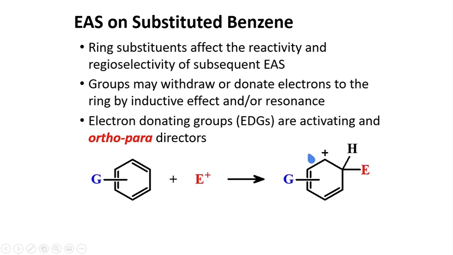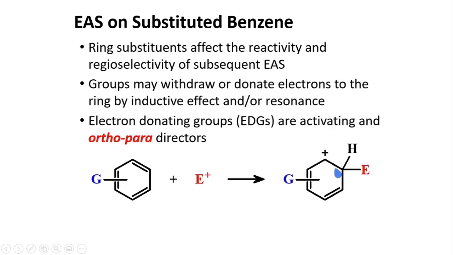Thus, we have two types of groups. We have electron donating groups. Electron donating groups increase electron density of the ring, and they are activating. The rates will increase when they are present, and they are called ortho-para directors. When an ortho-para director is present on the ring, the next substituents are mainly attached at the ortho and para positions.